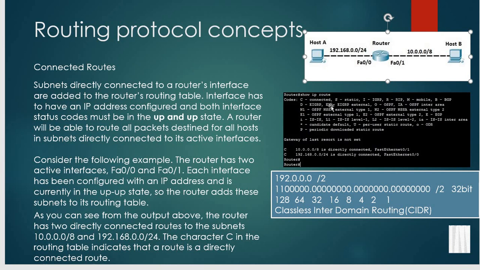In the codes of this IP route output, there are different types of codes, C, S, I, and so on, up to P. There are different nomenclatures in this short form. So this one is called connected routes only.